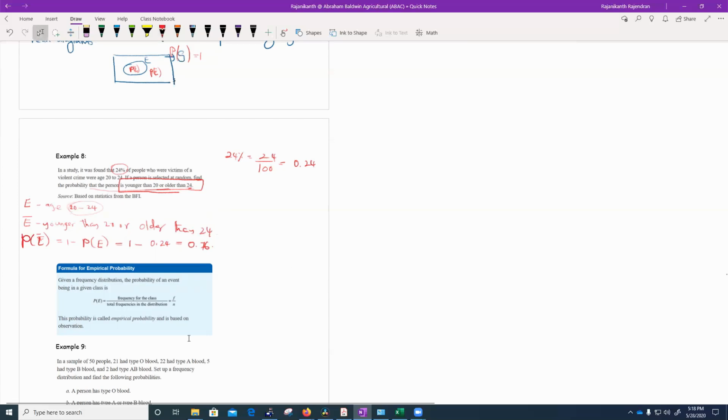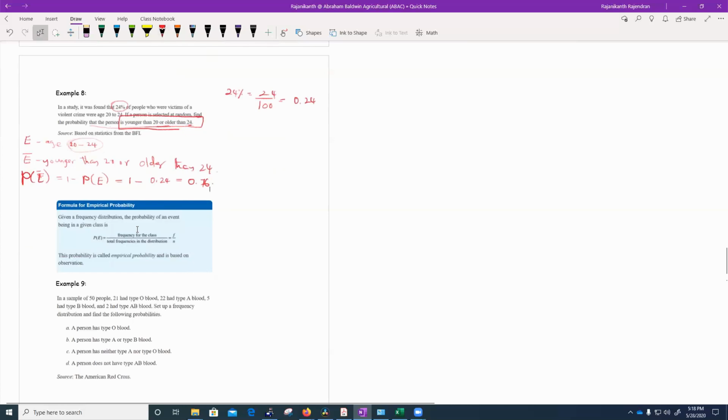Now the second probability, the formula we have for the empirical probability. Empirical probability is always dealing with what? Dealing with the frequencies. Okay, suppose if you know the frequencies for the given particular event, then we use the empirical probability formula.